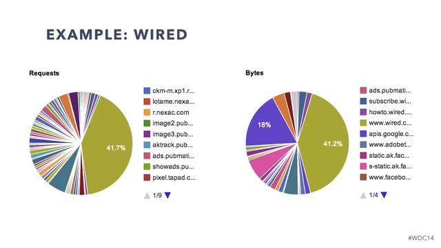Another one I took from WebPageTest.org, which is a great website to run web page tests and performance tests on your website. Those pies are content breakdowns, and this is from wired.com. Basically half of the requests and bytes used on this page are not coming from the actual domain.